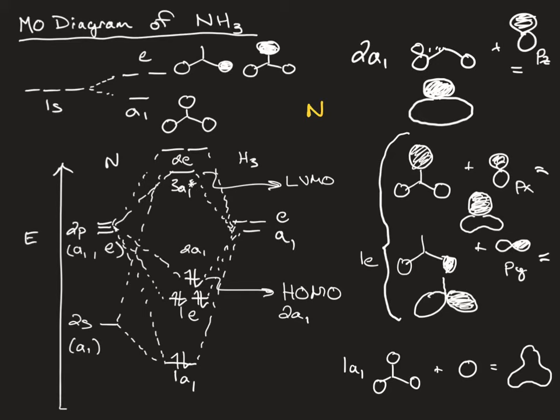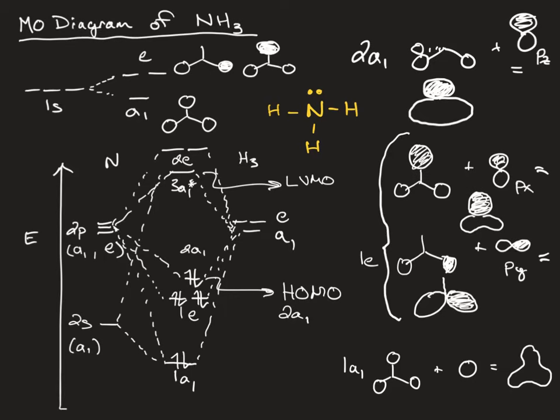Drawing the Lewis structure of ammonia, there's a lone pair on nitrogen, and that lone pair is chemically active. It's your Lewis basic site. This lone pair corresponds to this 2a1 orbital that results from the hydrogen 1s and the pz.